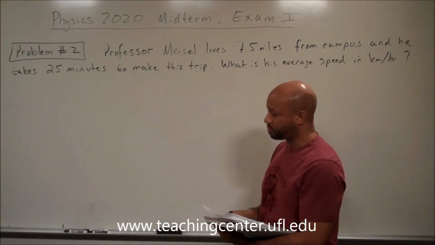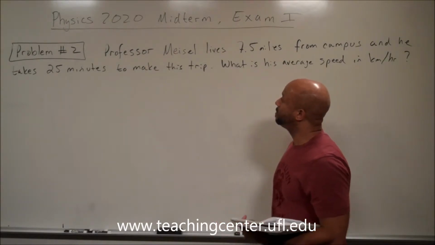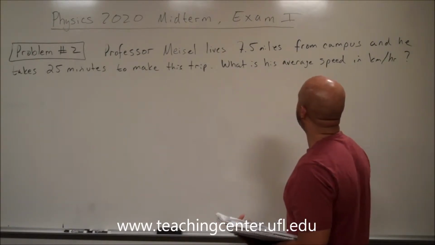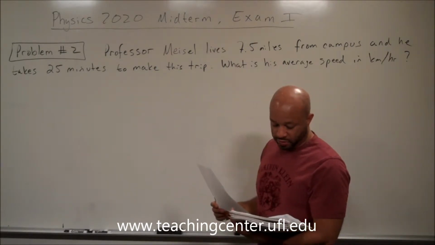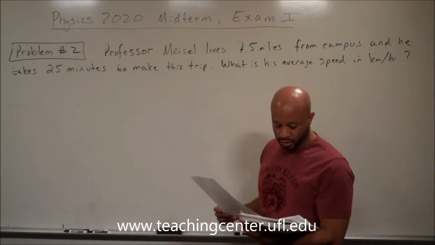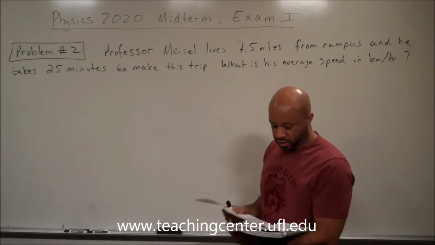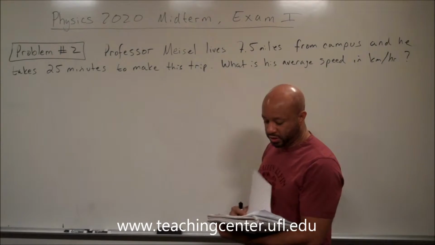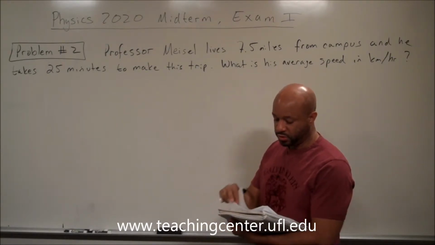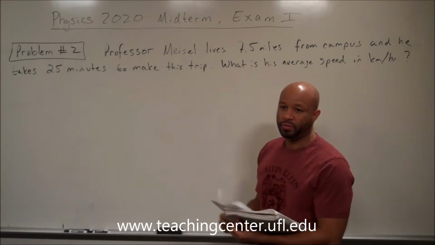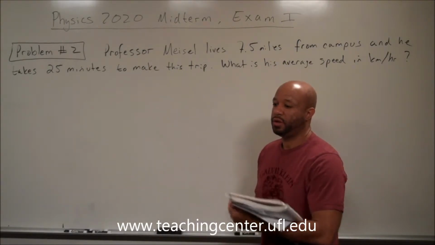Okay, so let's look at the problem. It says, Professor Mizell lives 7.5 miles from campus, and he takes 25 minutes to make this trip. What is his average speed in kilometers per hour? The approach for a physics problem in general is to read the problem statement and make sure that you understand what they're asking.